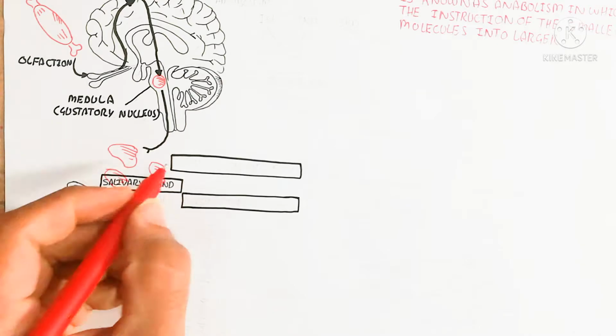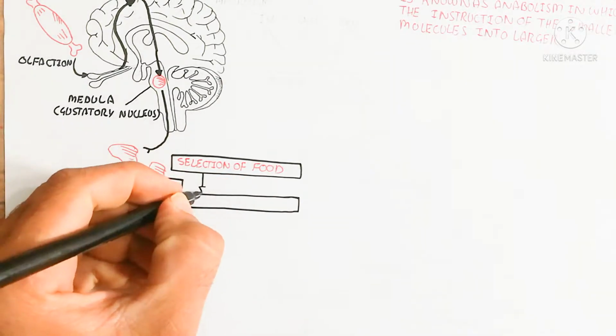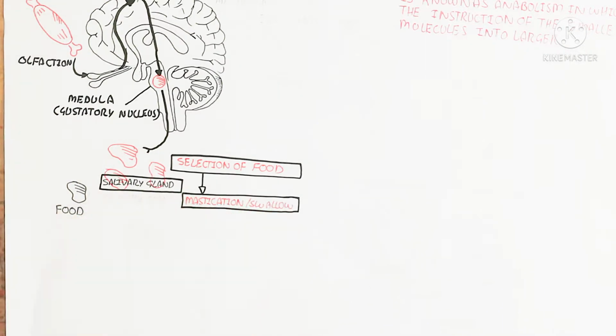This is the salivary gland, including the parotid, submandibular, and sublingual glands, which secrete differently.